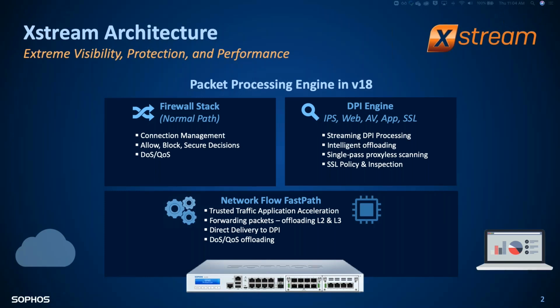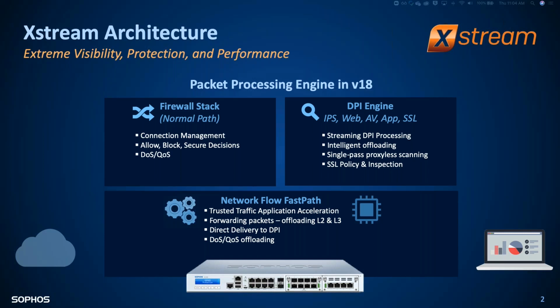So what's new with version 18? Perhaps the most exciting innovation is the new extreme packet processing architecture that you see on the screen. It's not the most visible change for you from a configuration standpoint, that's for sure, but it's an important one, and all the nuts and bolts lie in the architecture change that we made from 17.5 to V18.